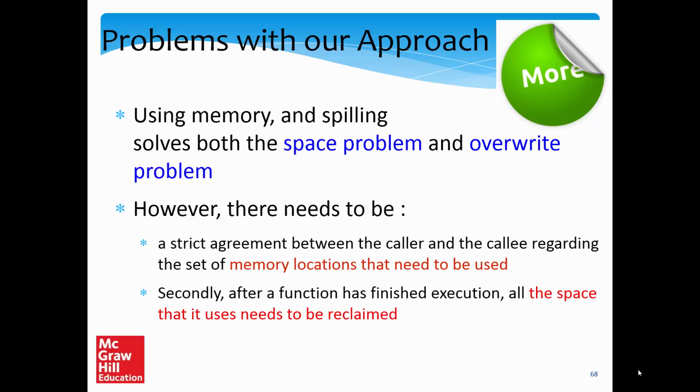That's the reason it is necessary to save or store registers in memory and read them back again. This is known as the overwrite problem, and we saw two methods of fixing it. It's called spilling. The two approaches for spilling were caller saved and callee saved.